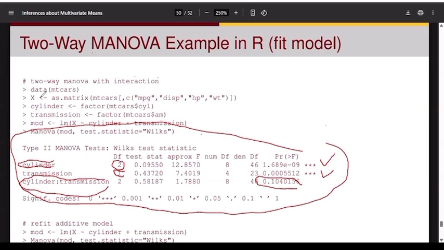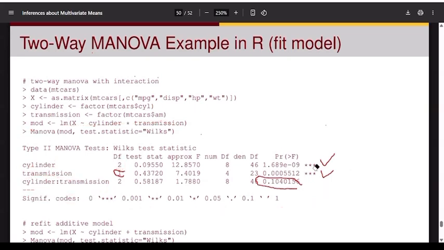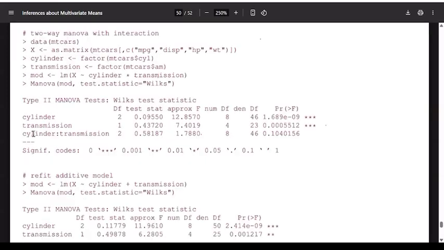Okay. Now, the next thing I want to talk about is that the interaction is not significant. When the interaction of two factors is not significant, what it is trying to tell me is that the effect of cylinder on those multiple dependent variables does not depend on transmission, or the effect of transmission on the multiple dependent variables does not depend on cylinder.